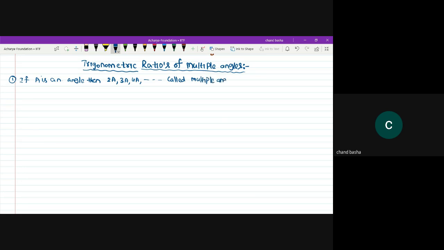Multiple angles of A. Clear? This is the first point, right?